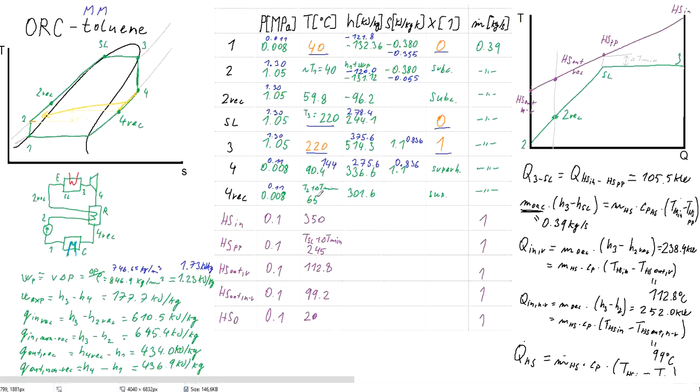Now the point for recuperated stays the same, 65 degrees C, because we still have the specified minimum temperature difference, and the temperature after the pump is approximately the same.